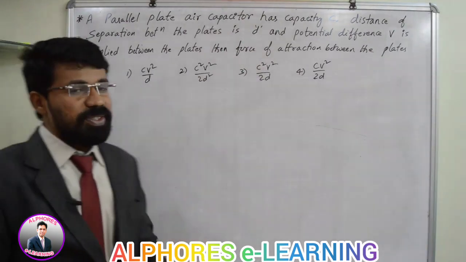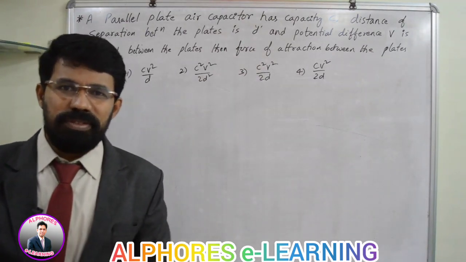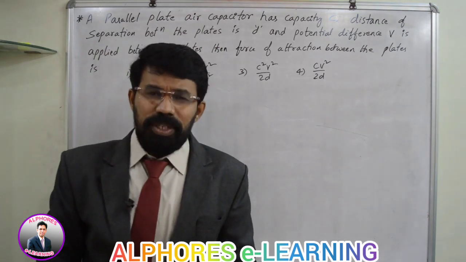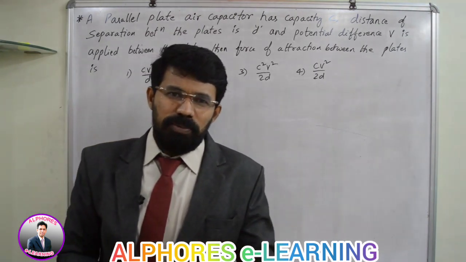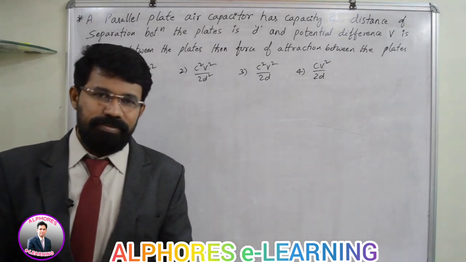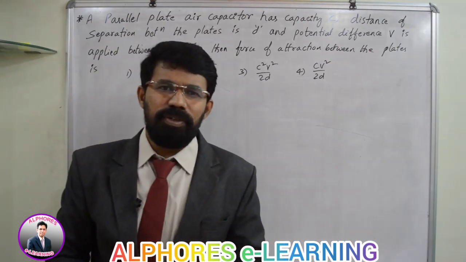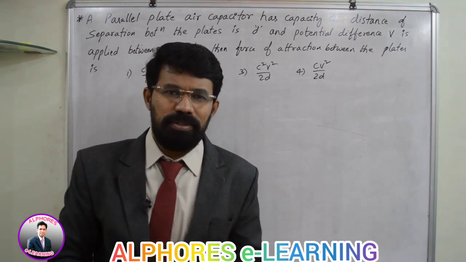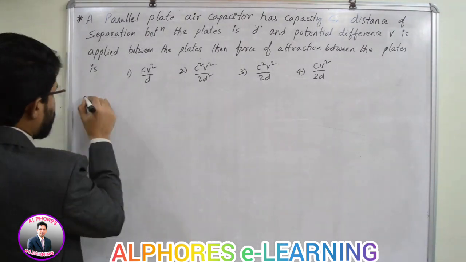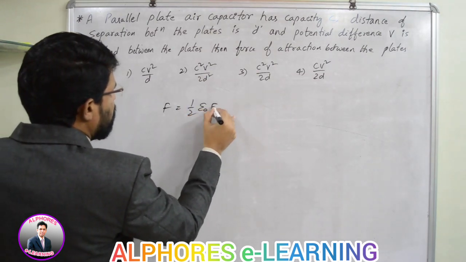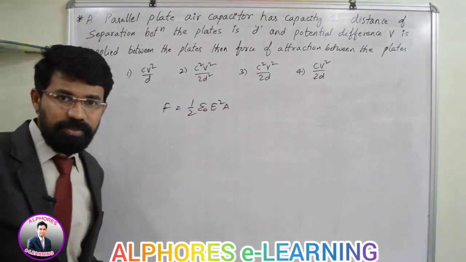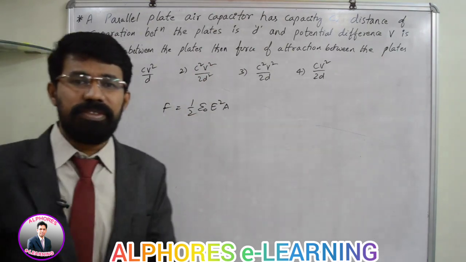See, I have given the options also. There is a reason for giving these options. Sometimes in objective examinations, by looking at the options, we will be able to come to a conclusion. All of you know the expression for the force of attraction between the plates of a capacitor. That force can be written as F is equal to half epsilon naught E square A. Now tell me, is it there anywhere in these four options?